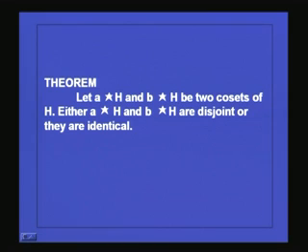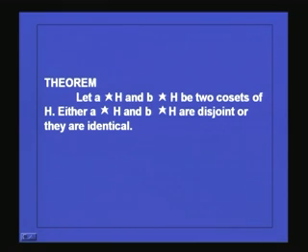Immediately we get one small result. Let a star H and b star H be two left cosets of H with respect to two elements a and b. Then either a star H and b star H are disjoint or they are identical. Now, first of all, we have to specify what H, a and b are.